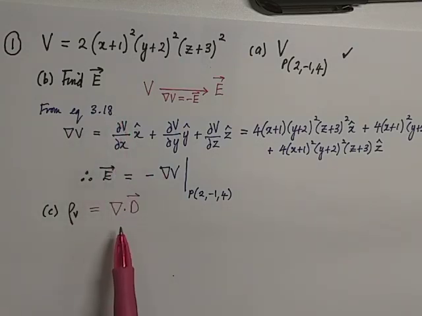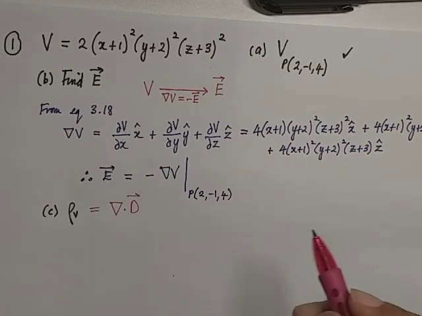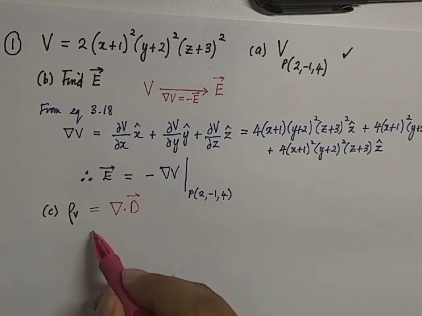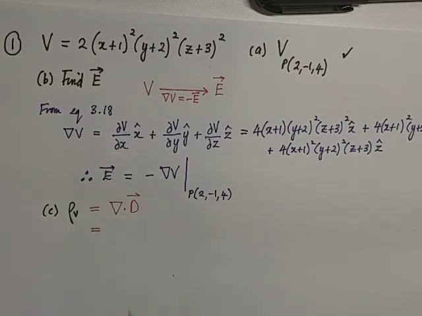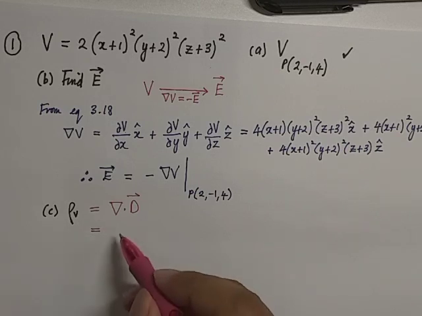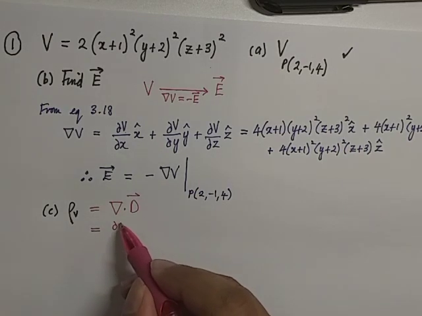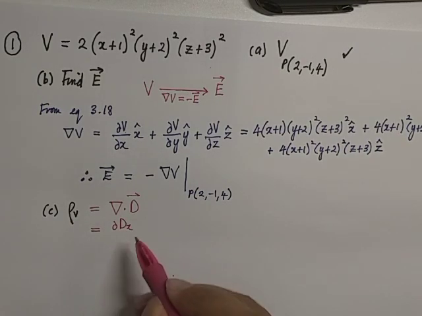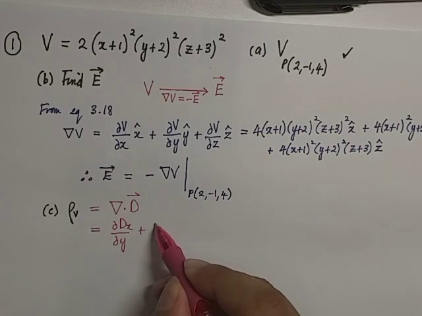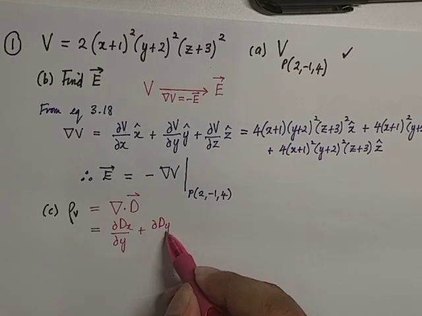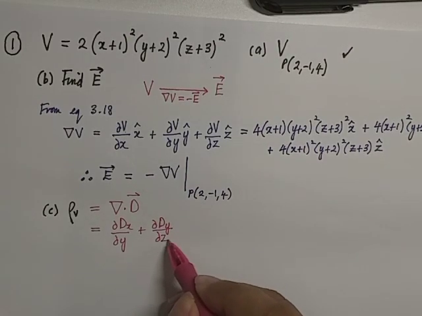Therefore, we must choose the appropriate Cartesian form for the divergence of D. So we use dDx over dx, plus dDy over dy, plus dDz over dz.